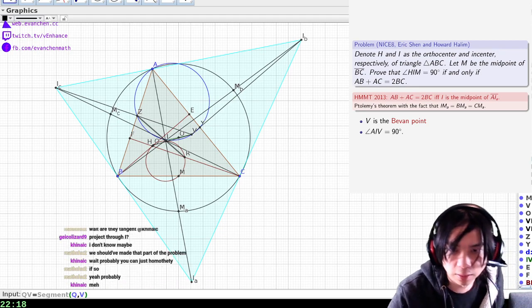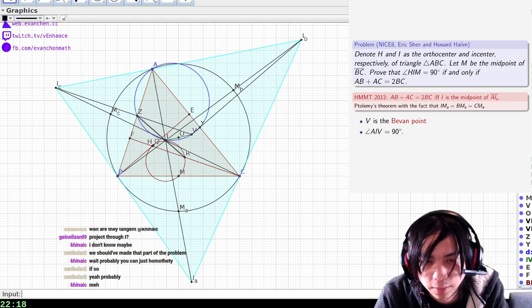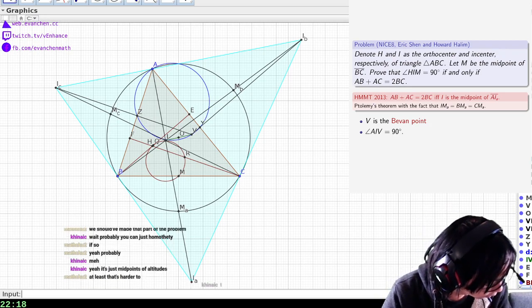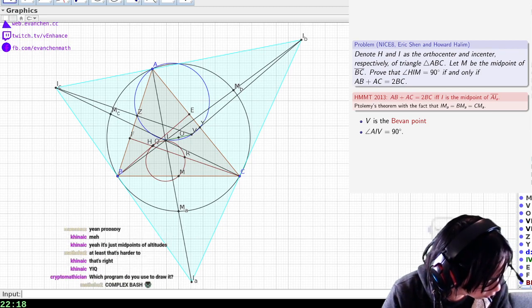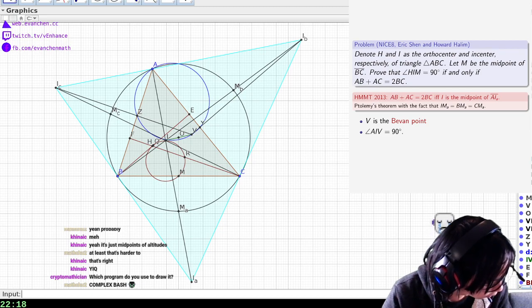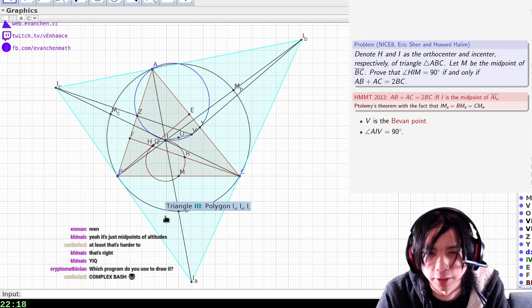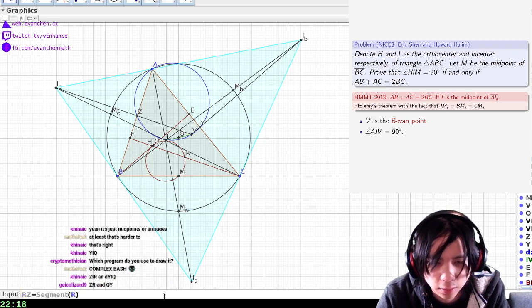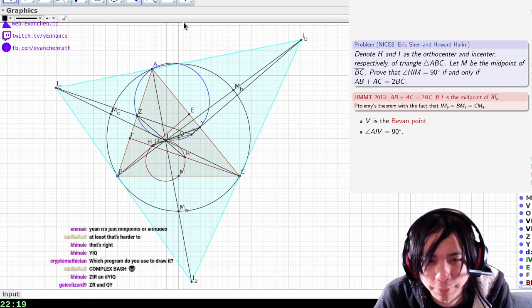No, no, it should be the Bevan. What does the midpoint of altitudes lemma say? It is those, right? RZ and QY. Okay, I wasn't wrong. I was wondering why they weren't matching up.